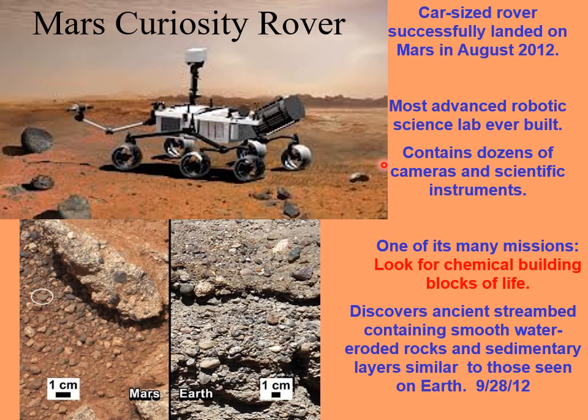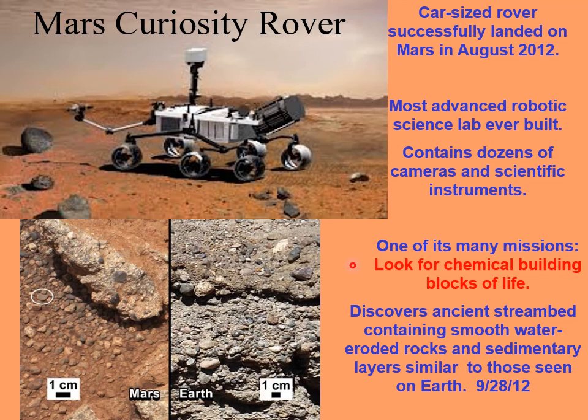It can scoop up rocks, it can drill holes into rocks, and it can do chemical analysis of the rocks and the soil that it investigates, and it also sends back pictures and images and takes temperature readings and things like that. It's basically looking for, not for life itself, but it's looking for the chemical building blocks of life.